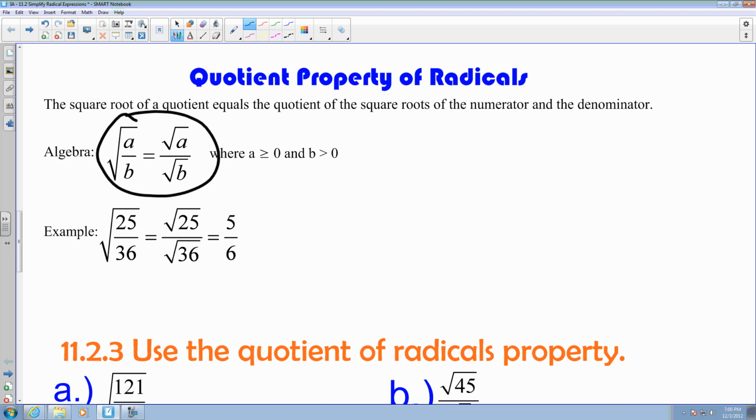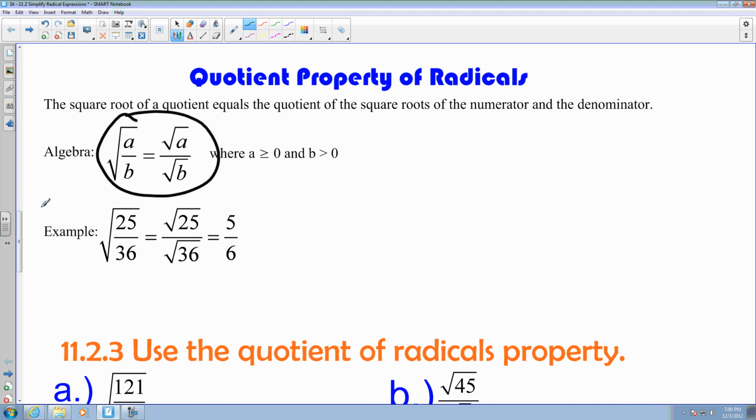If you write the square root of a over b, it's just the same as writing the square root of a divided by the square root of b. And the example of the square root of 25 over 36 can be written just the same as the square root of 25 over the square root of 36, which then equals 5 over 6.